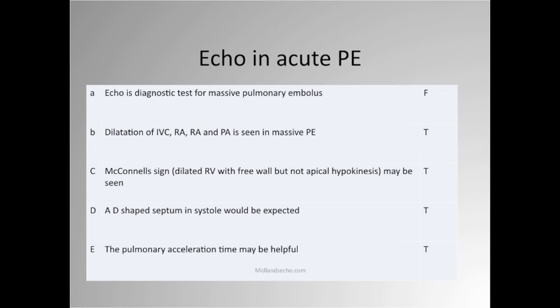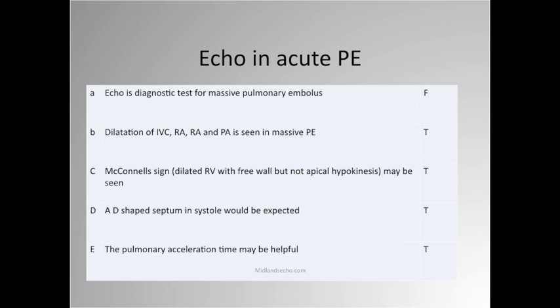Echo and acute pulmonary embolus. Echo is a diagnostic test for massive pulmonary embolus. That's false. It is a helpful test to confirm your clinical diagnosis. You can use it to help you make a decision, the accepted method of making a decision about whether you should offer thrombolysis, but it's not a diagnostic test.